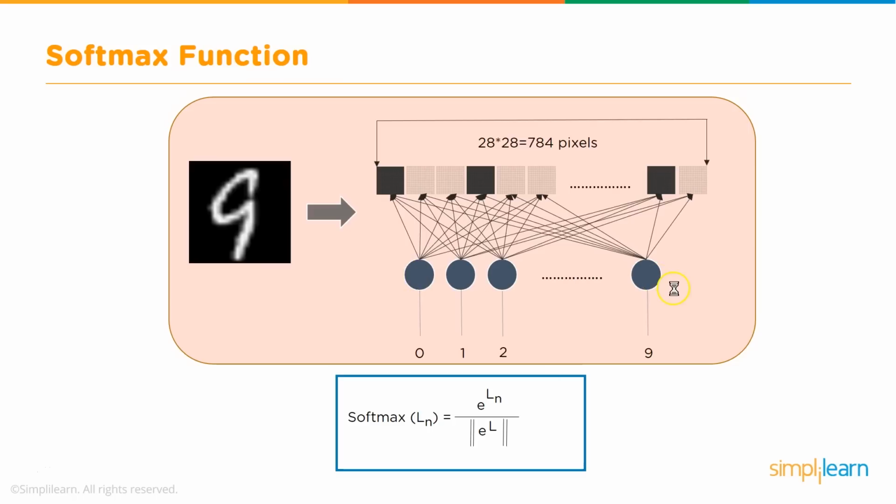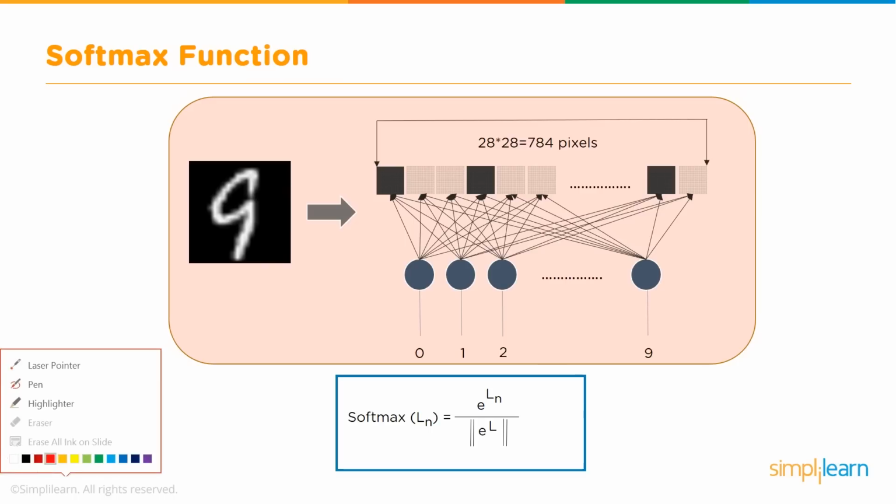And this is what is known as a softmax layer. Once it is trained, it will be able to identify what digit this is. In this output layer, there are 10 neurons, each signifying a digit. At any given point of time, when you feed an image, only one of these 10 neurons gets activated. For example, if this is trained properly and you feed a number 9 like this, then this particular neuron gets activated, so you get an output from this neuron.